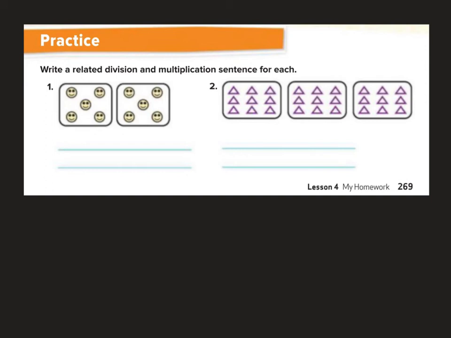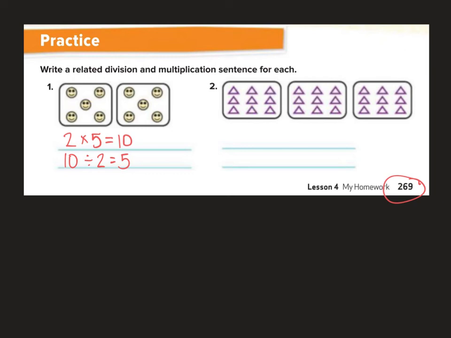Okay, here it says write a related division and multiplication sentence for each. This is on page 269. You can always pause the video to turn to that page. So I see here 2 groups of 5, and that would give me how many total? 5, 10. 10 total. Or I could say 10 smiley faces divided into 2 groups is going to equal 5 in each group.